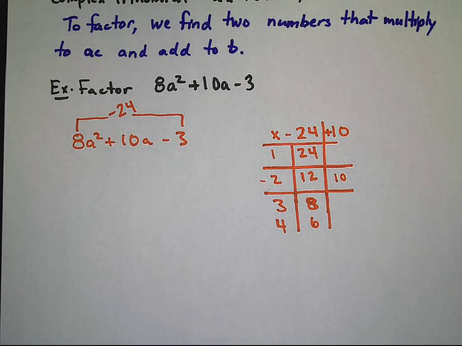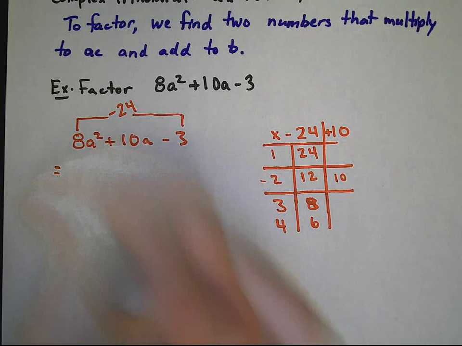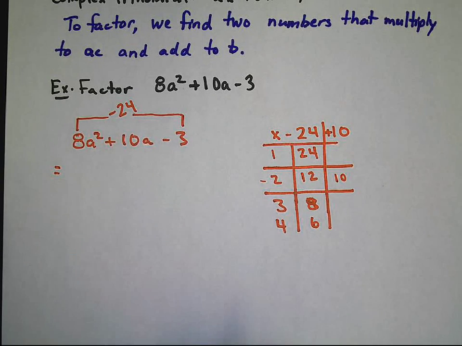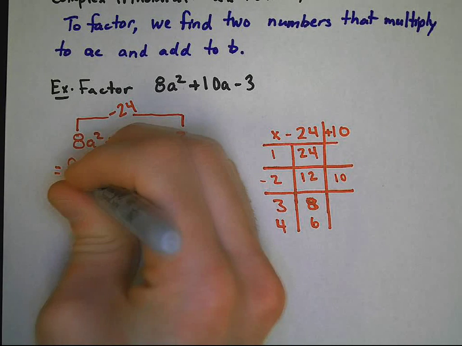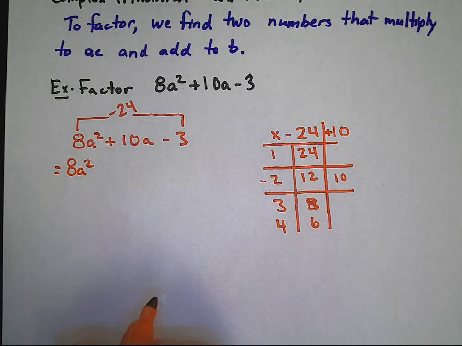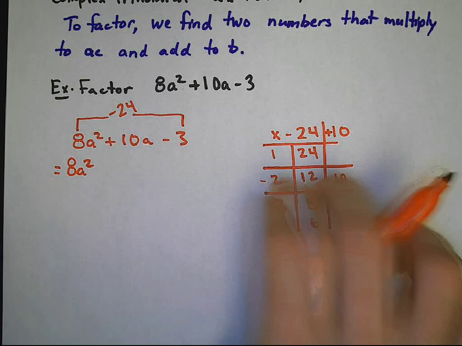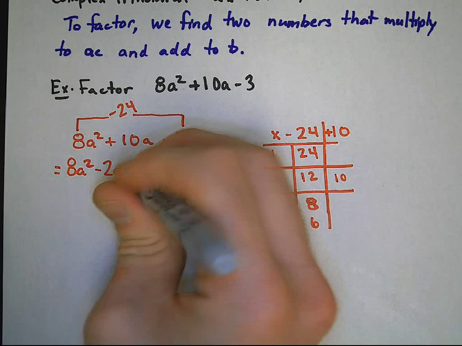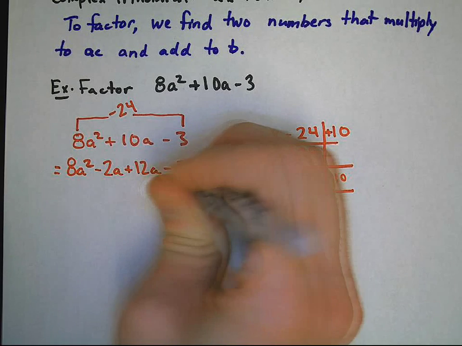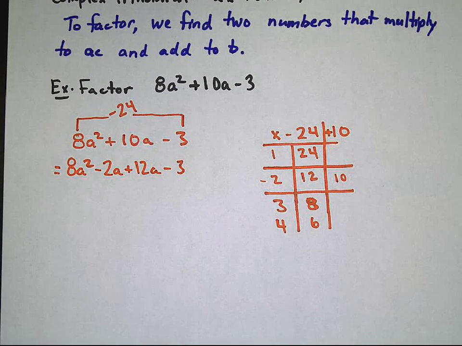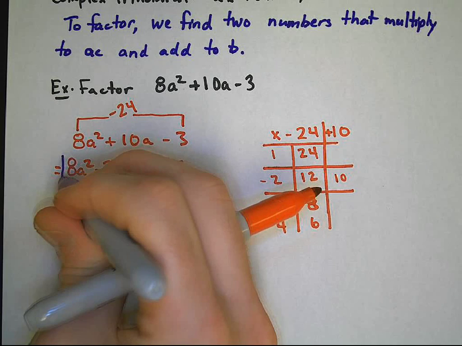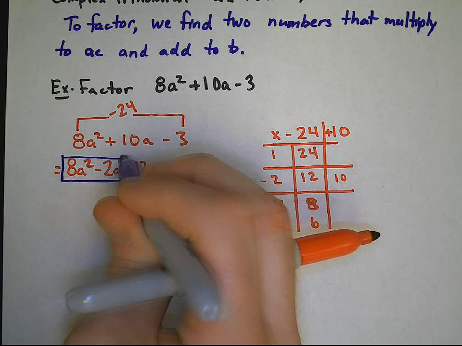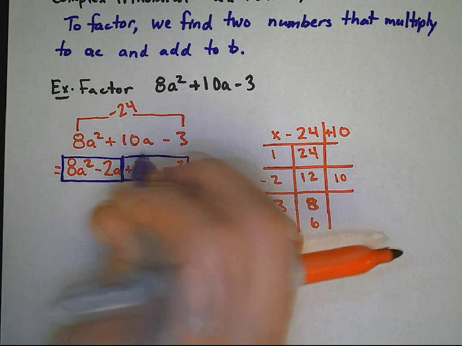So, we decompose. We use the process of decomposition in which the first term and my last term remain the same. The terms in the middle are decomposed into its separate factors of negative 2a and positive 12a, minus 3. I will take the first two terms and I will take the second two terms, and we will factor by grouping.